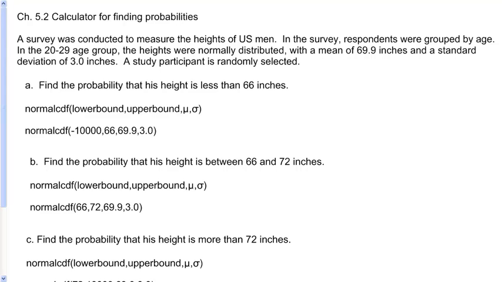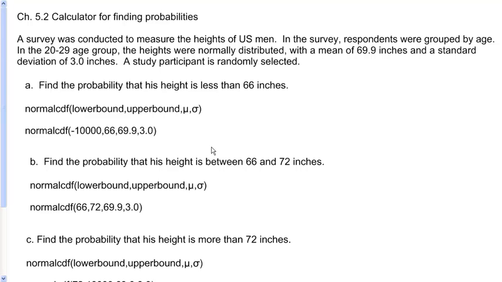Alright, so what we're going to look at here is: find the probability that his height is less than 66 inches. We're going to be doing a normal cumulative distribution, and we're going to have a lower bound, an upper bound, of course the mean, and the standard deviation. My upper bound is going to be 66 because I want it to be less than 66.